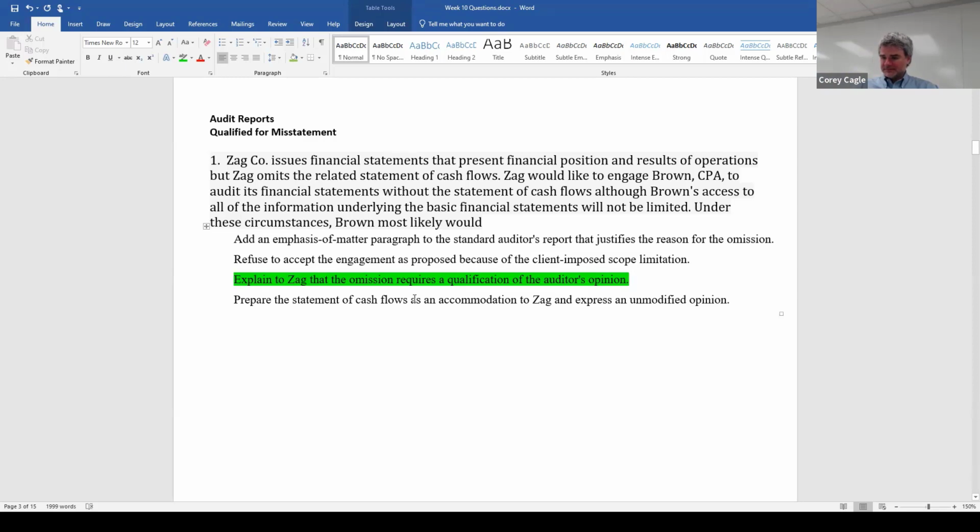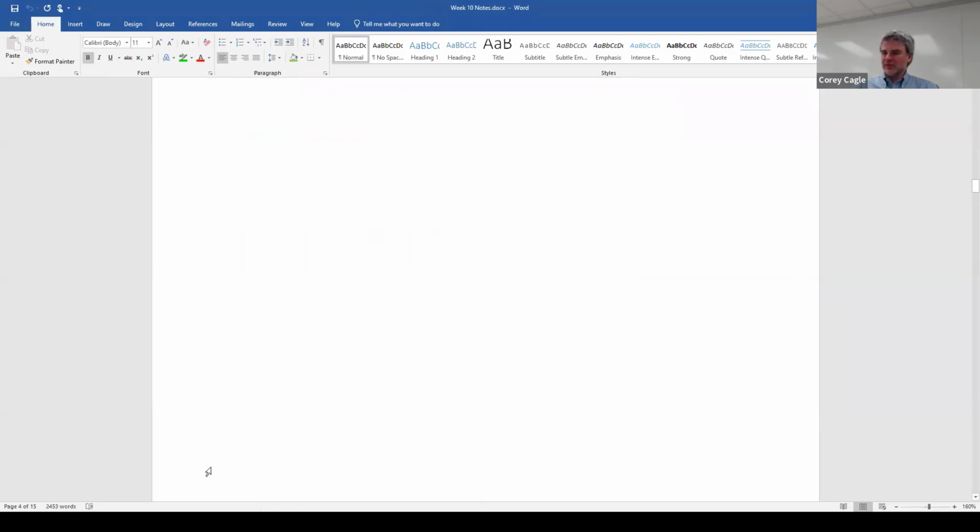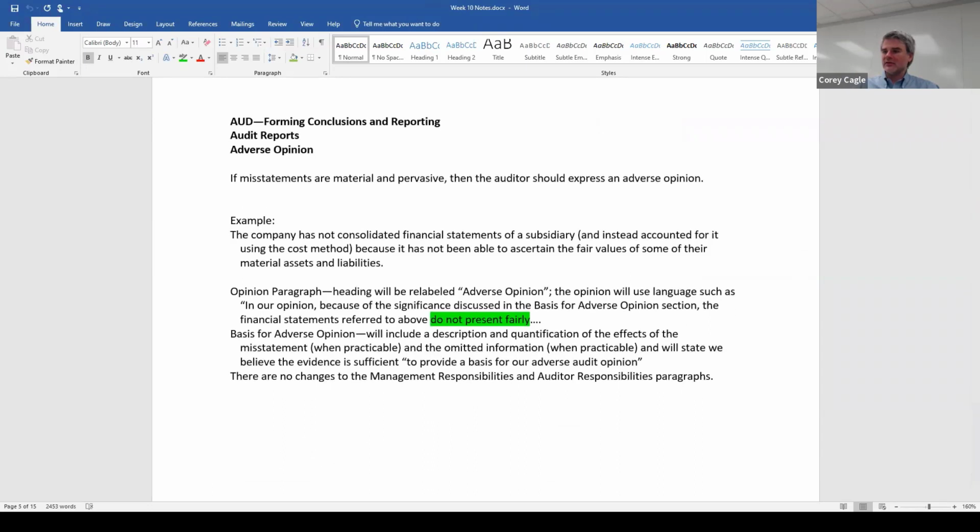Adverse opinion is a GAAP departure that just screws up the whole thing. It's like these financial statements are crap and they do not present fairly in accordance with GAAP. So we've got GAAP departure misstatements that are both material and pervasive, affecting the whole deal. Adverse opinion. And you're like, why would it get to that point? Why don't they just fix it?